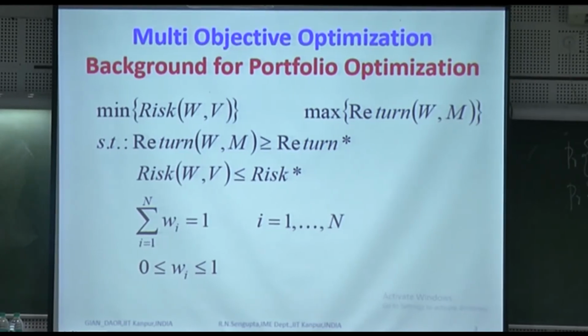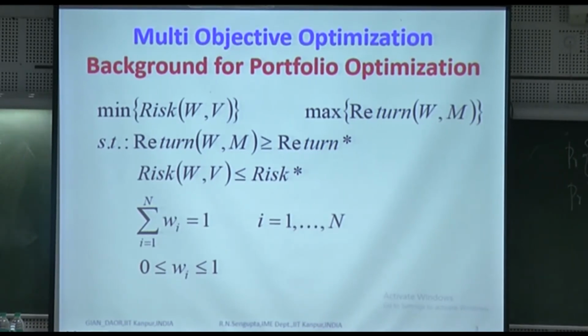So this return star can be 10% for me and risk star can be 5% for me. It will be different for different persons depending on risk appetite. The sum of the weights Wi should be 1, and I am keeping it as simple as possible such that the weights are all between 0 and 1.